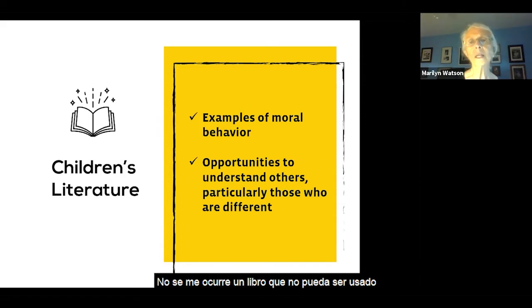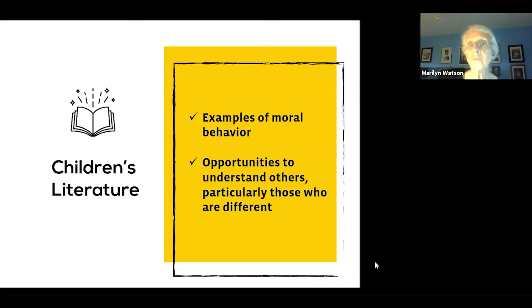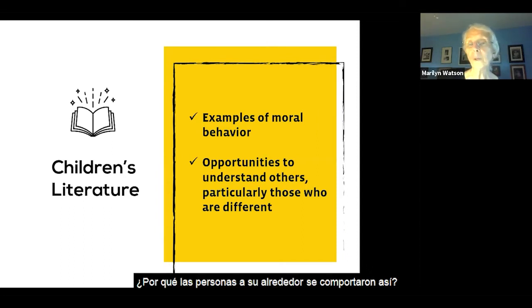I can't think of a single book that you could use with children that is real literature, not somebody that developed a book of ABCs, where moral behavior is happening, where kids are stressed to perform morally. And so to use the examples of moral behavior to discuss them. Why did the child behave the way he or she did? Why did the people around him respond as they did?